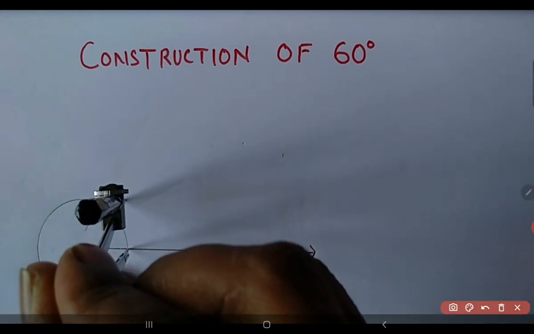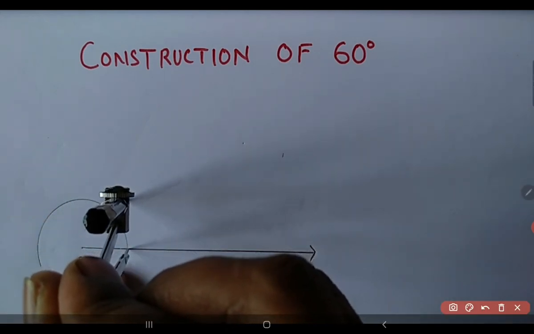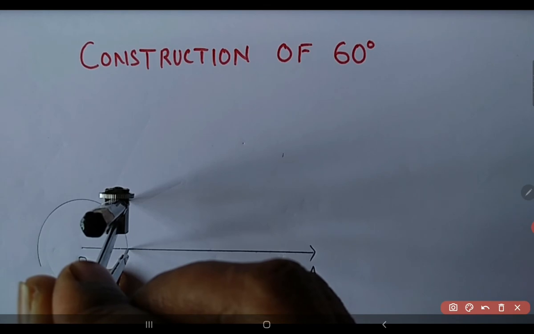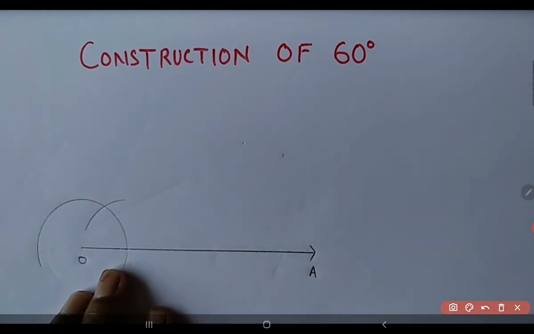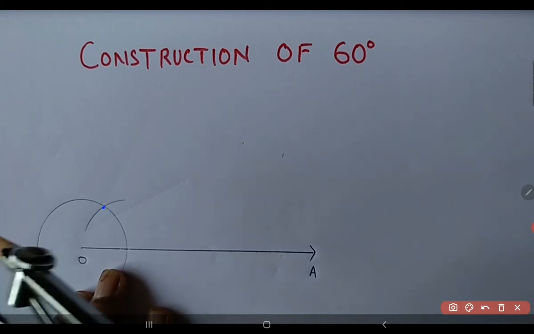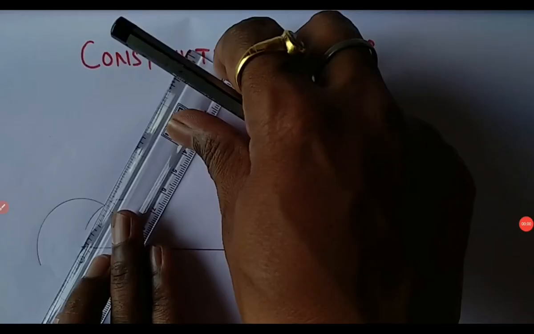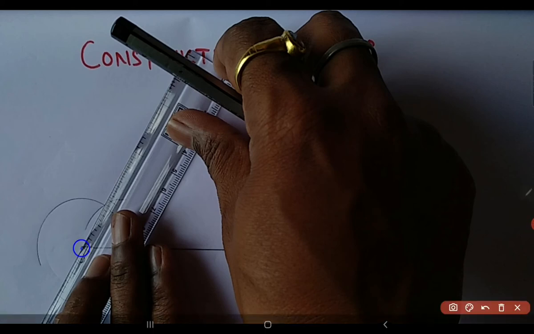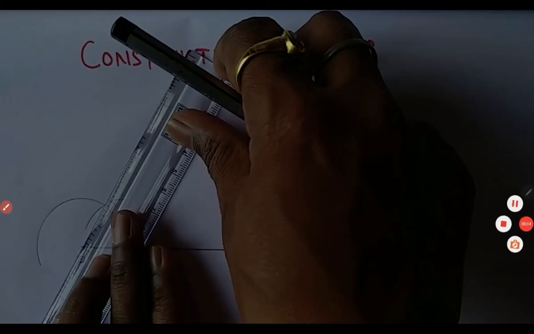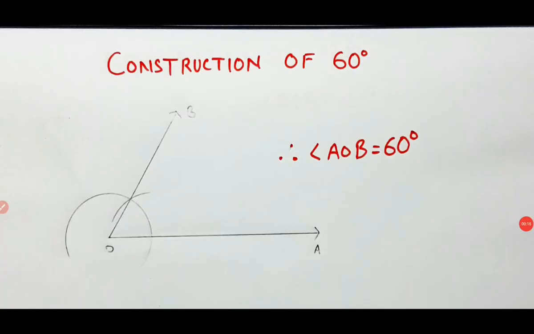Okay, now when I remove the compass, you will be able to see the arc drawn. So here is the point of intersection, the second point of intersection. Thus by joining these 2 points, we shall get 60-degree, like this here.